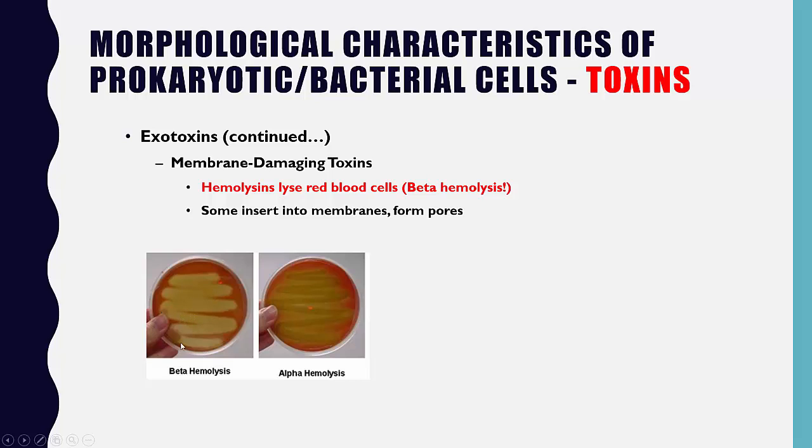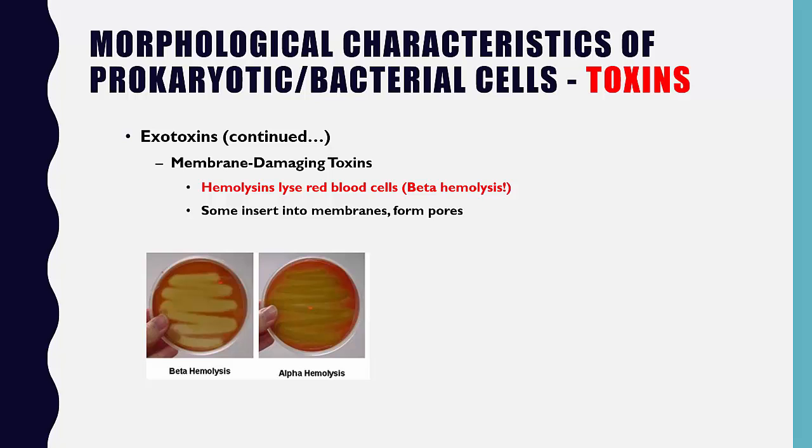That's a beta hemolysis. There's also alpha hemolysis, where the red blood cells get holes in them. They get little pores, but it's a slow little leak, and the agar looks a little brownish, greenish.